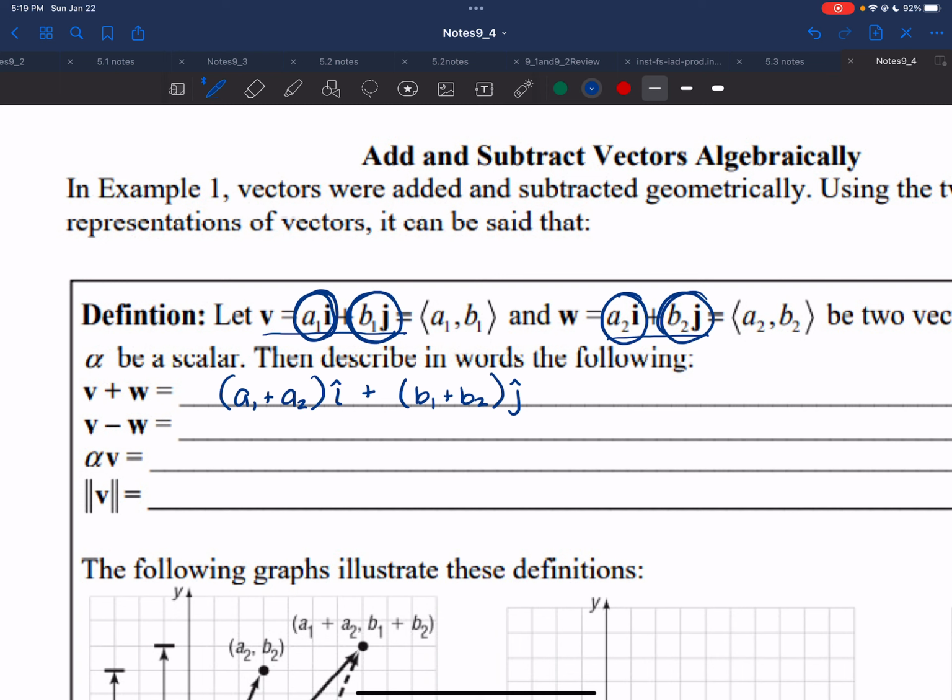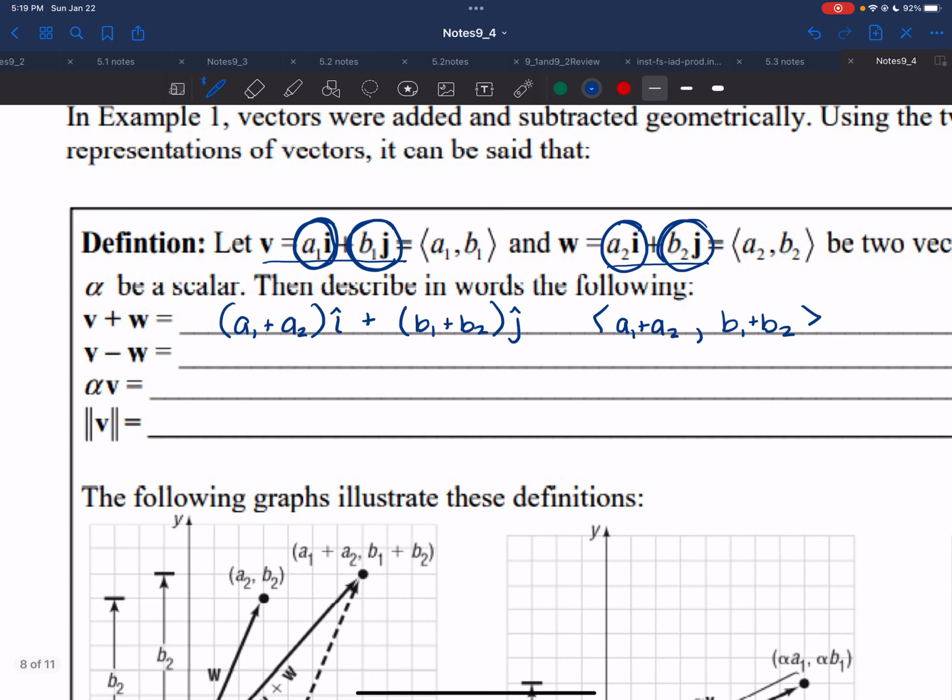So my i hat tells me it's my x value, my j hat tells me it's my y value, okay? And the other way I could write this is with the components (a1 plus a2, b1 plus b2). That's another way that we could write the components.